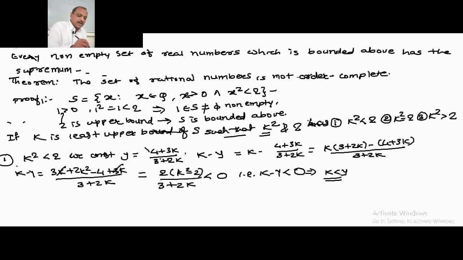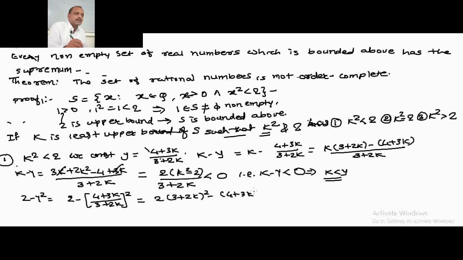Now we calculate 2 minus y square. 2 minus y square equals 2 minus, what is y? ((4 plus 3k) divided by (3 plus 2k)) whole square, equal to (2 times (3 plus 2k) whole square minus (4 plus 3k) whole square) divided by (3 plus 2k) whole square.